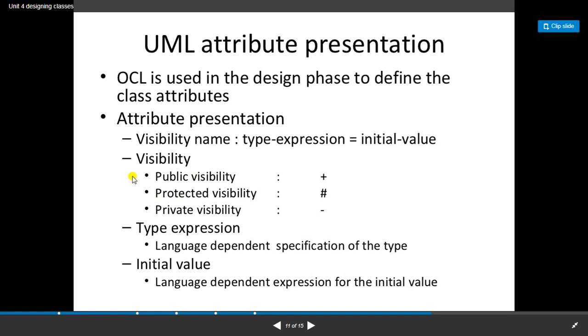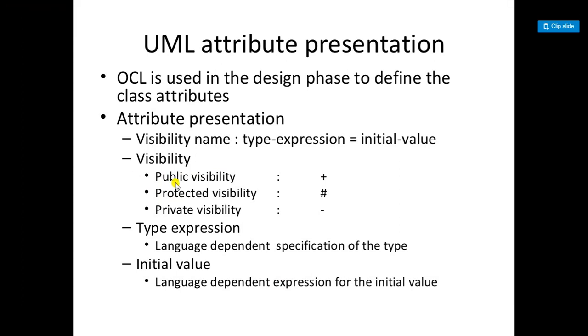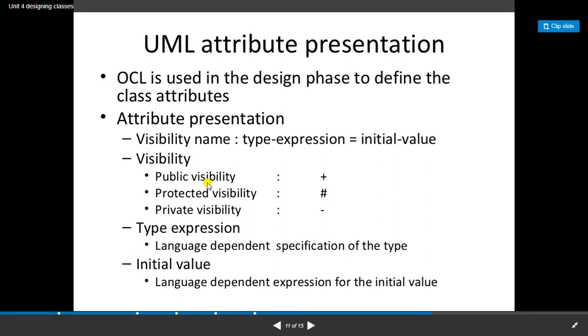The visibility of attributes in the class is like this. The public visibility is indicated by the plus sign, protected visibility is indicated by the hash symbol, and private visibility is represented by the minus symbol.